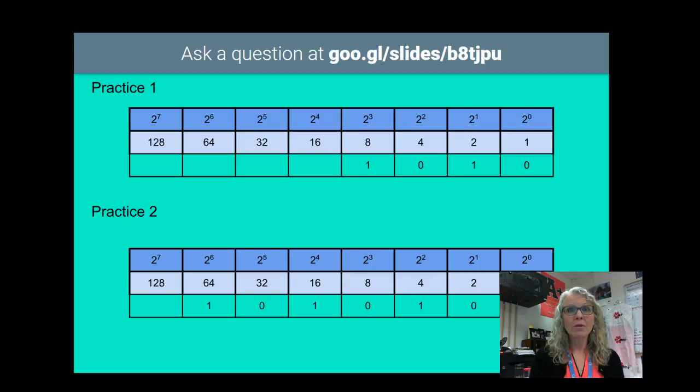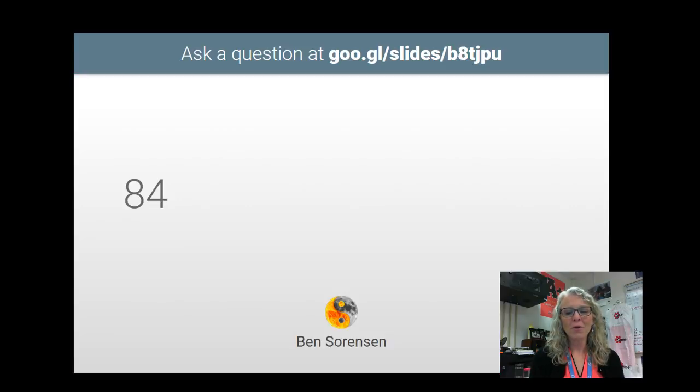Does anyone know? 1010100. Now maybe there's some delay. Oh, there we go. Adam says 84. Nice work. That is the case. Oh, now we have Ben. He says 84 also. Nice work.